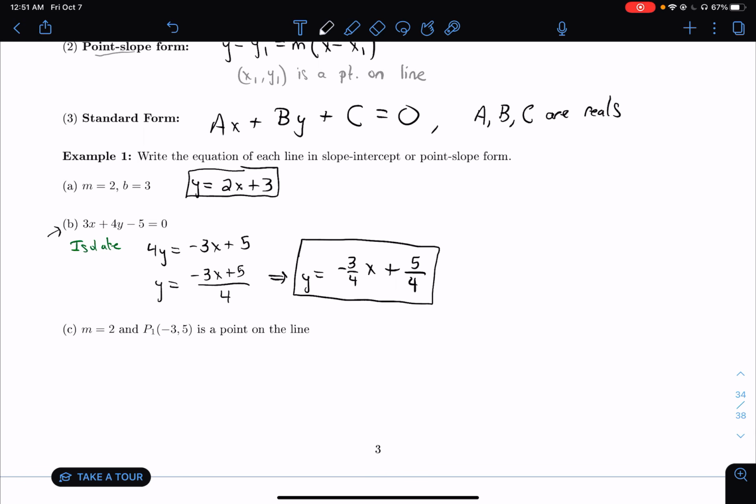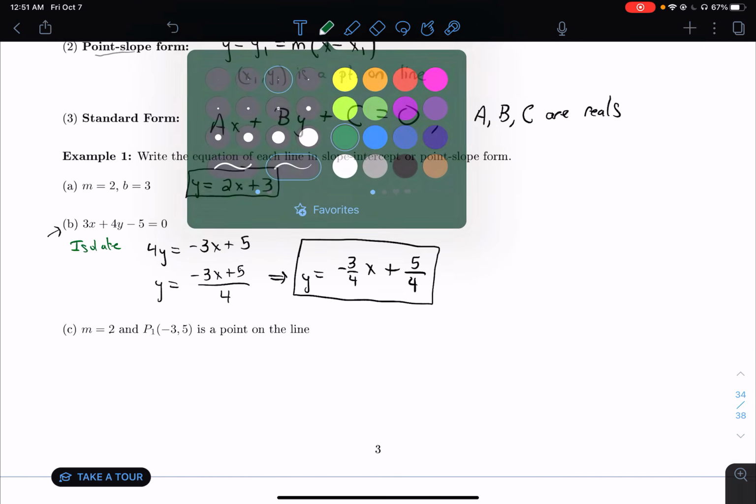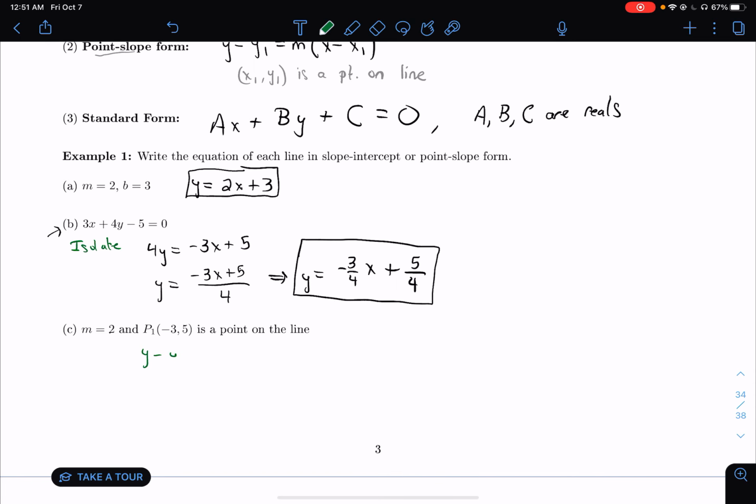One more example, part C. This one tells me a slope and a point on the line. For this one, let's practice using our point-slope form: y minus y1 equals m times x minus x1. Let's plug in the values we know.